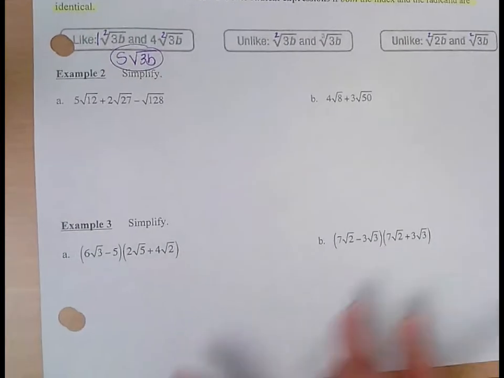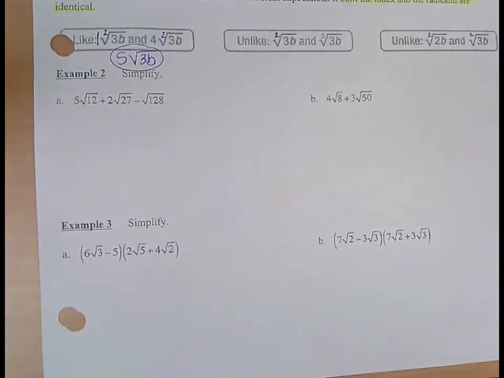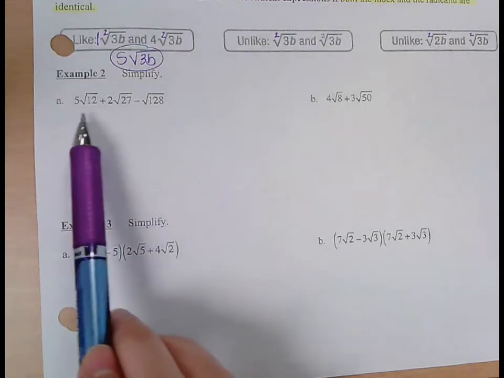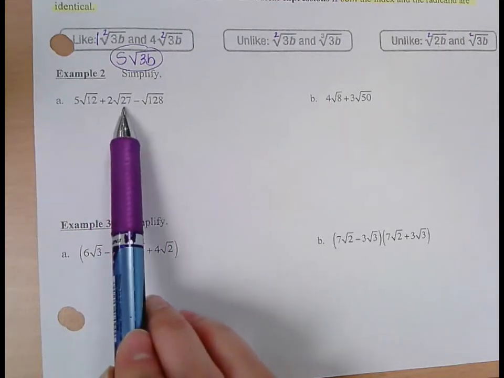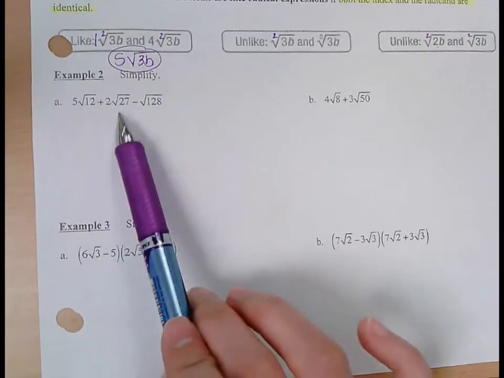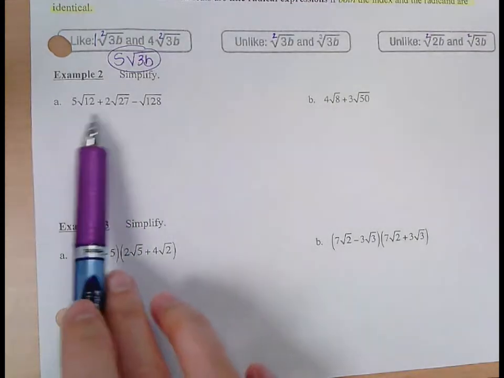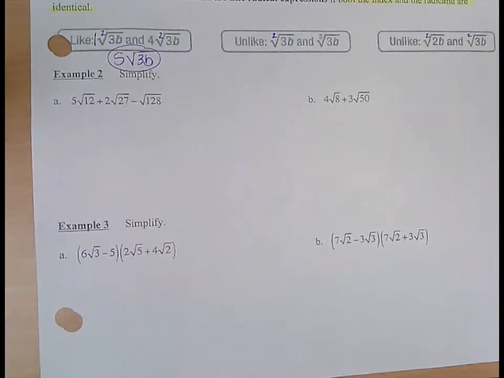So in example 2, in both parts we are adding or subtracting radicals. If we look at a, we have 5 square root 12 plus 2 square root 27 minus square root 128. All of the radicals are square roots, but right now what's inside of each radical, 12, 27, 128, those are not the same.